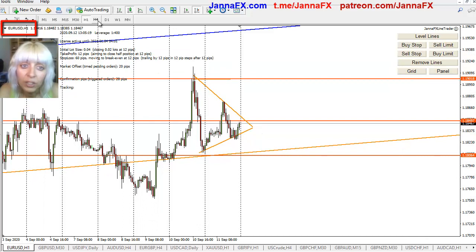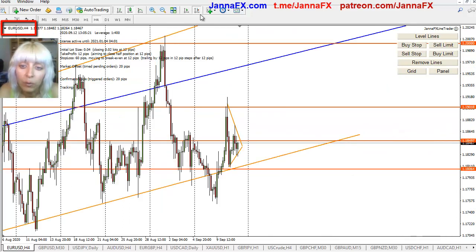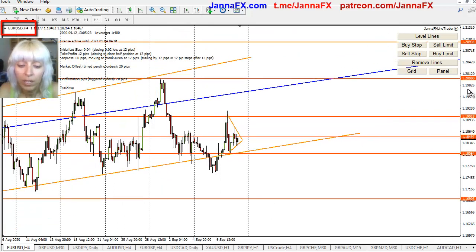To be honest, at the beginning of the week, like on Monday, we will see where it's going to be. So if it's going to consolidate here, then we will see what kind of news are going to be there. So I might place orders in both directions. And if nothing, then I would probably still be looking more towards selling it.